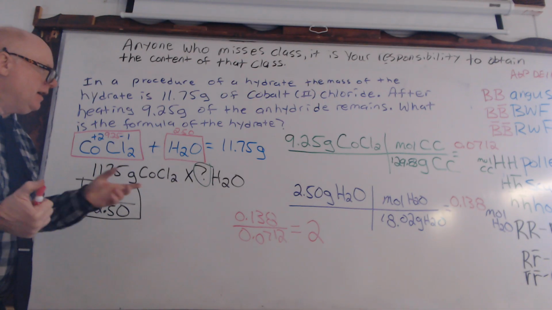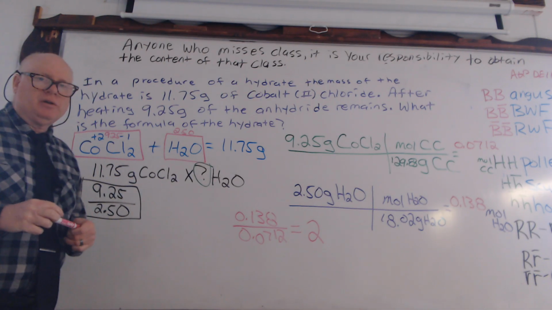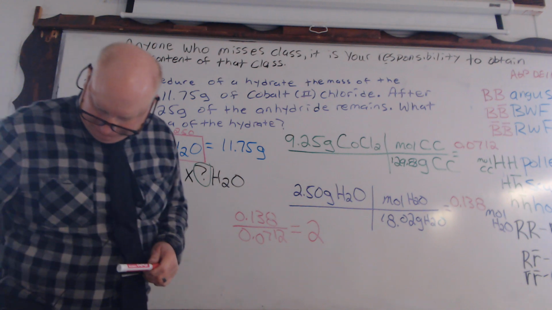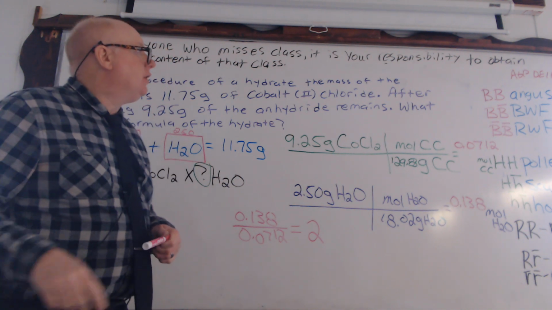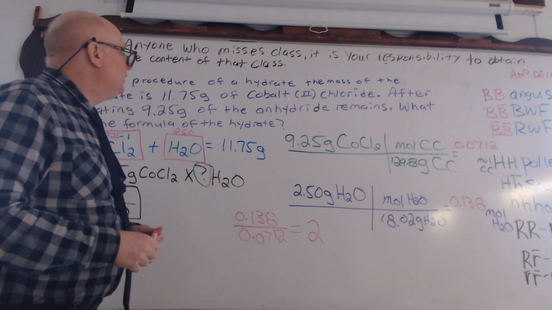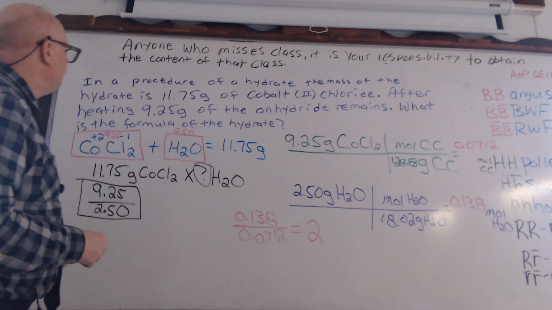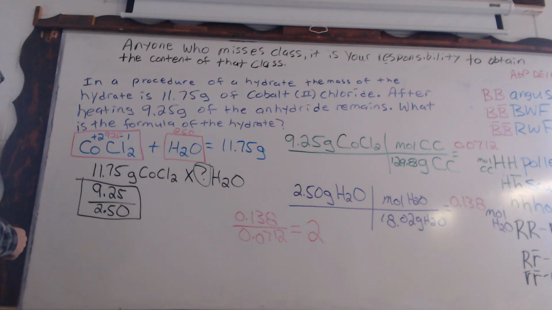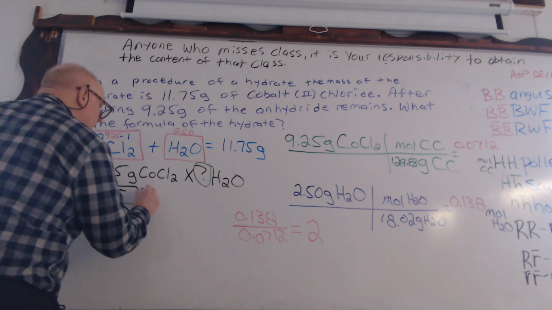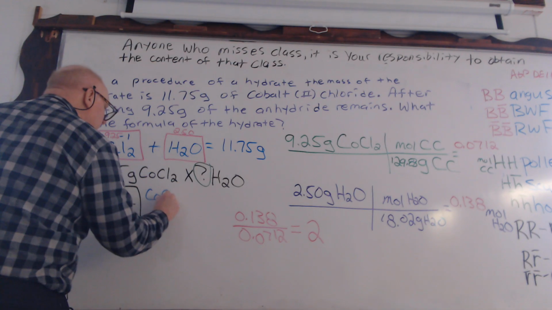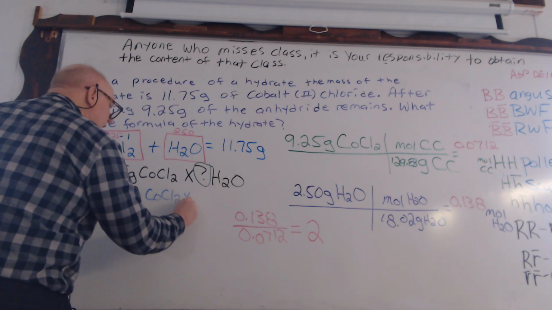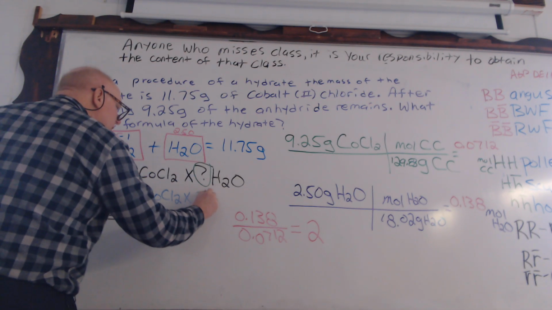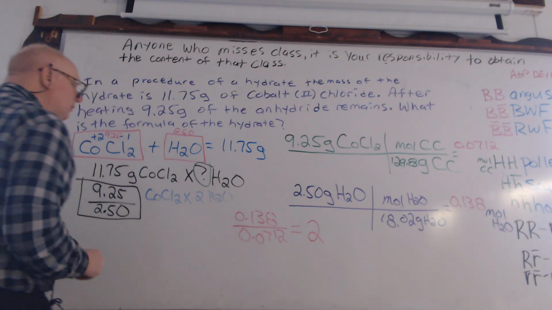Okay, and that's how we do these empirical formula problems. So then let's switch this up a little bit. So how would you write it? You would write CoCl2 times 2 H2O.